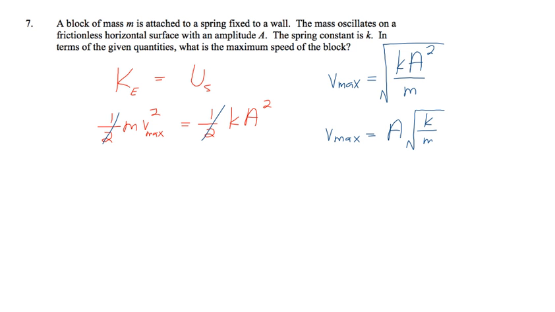Now, I do want to make one comment here about this problem. Let's say they asked me what the speed was when it was at half its amplitude. Well, when it's at half its amplitude, it's going to be half the amount of energy. The elastic potential energy is proportional to how far away it is from its equilibrium position.